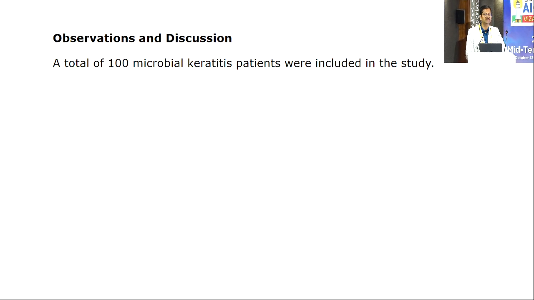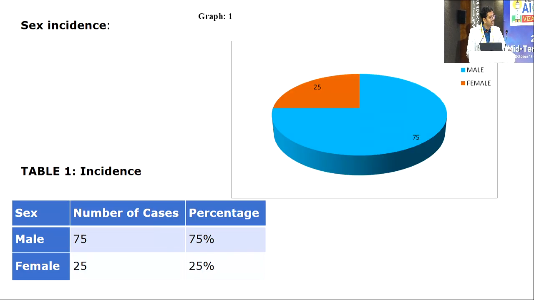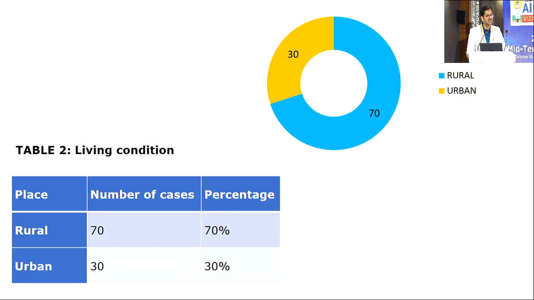The observations: we took 100 cases for this study. Regarding sex incidence in our study, 75% of the 100 cases were male, presenting with microbial keratitis when compared to females. Also, regarding living conditions, rural populations are more affected when compared to urban.